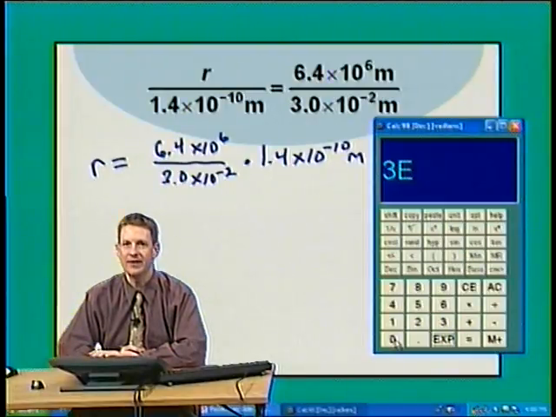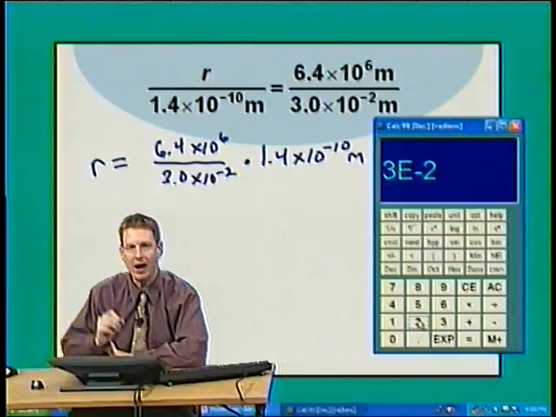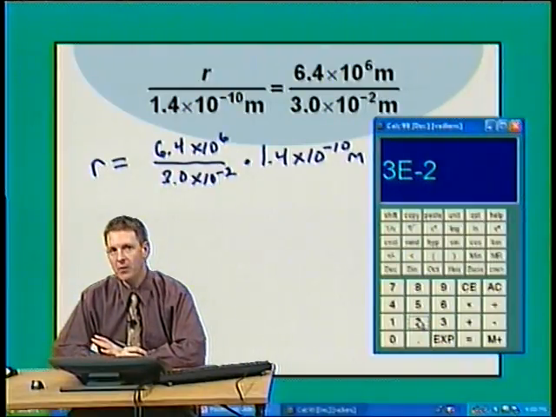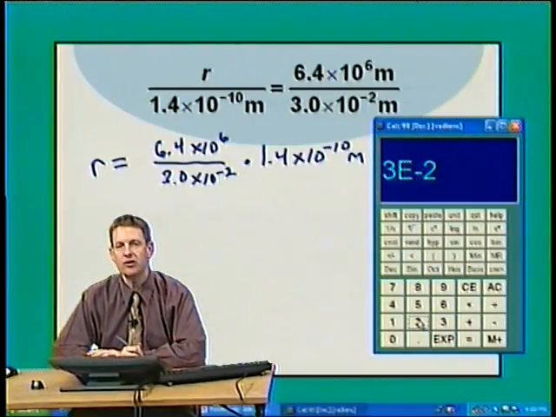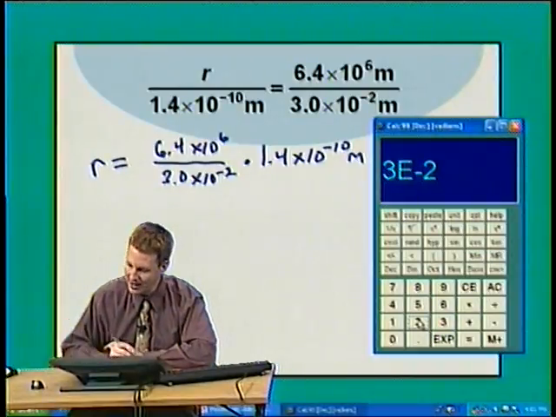For whatever reason, I need to hit the plus minus key before I hit the 2. The only reason I'm telling you that is because your calculator might have some fluky operation just like this calculator does, so I wanted to give you a heads up in case you start banging your head against the wall when you try doing scientific calculations on your calculator.